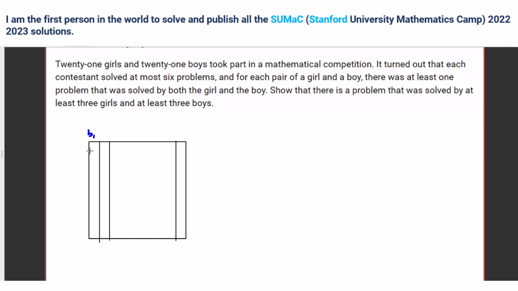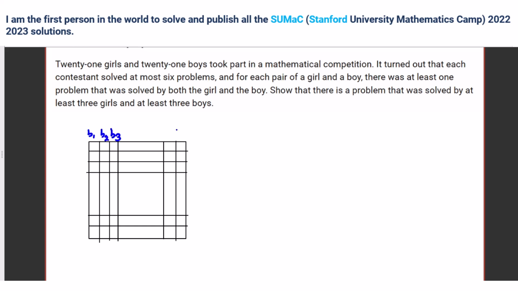And we should write in the intersection of Bi and, for example, Gj, what? The problems that they solved together. Yes, it says they solved at least one problem together, so we solved one of them, right?